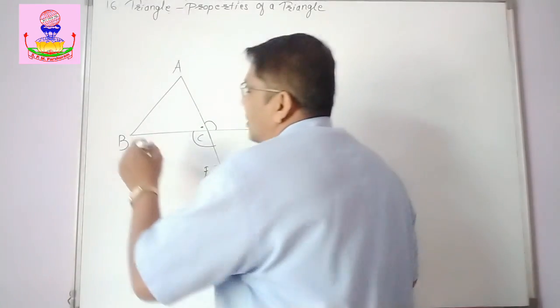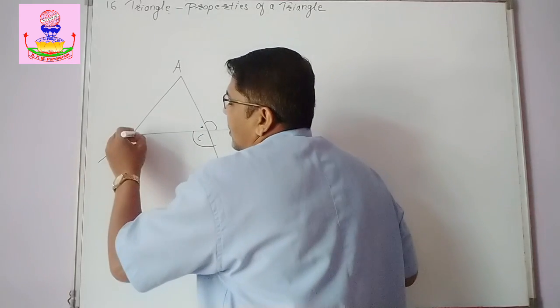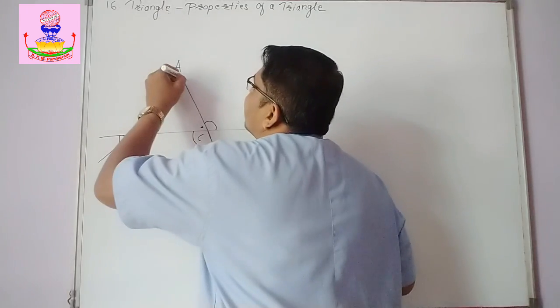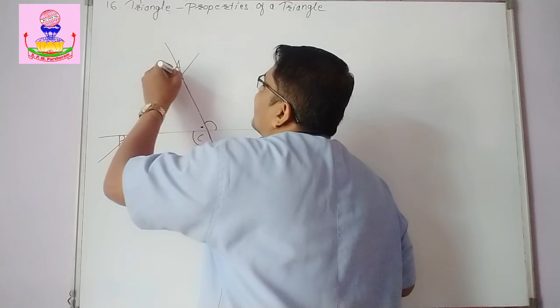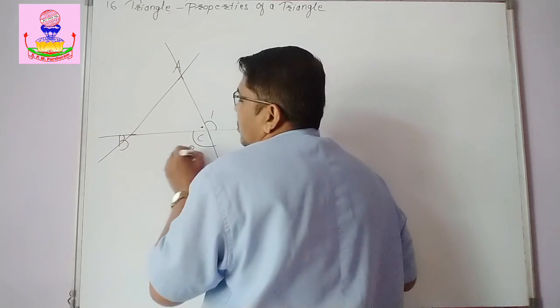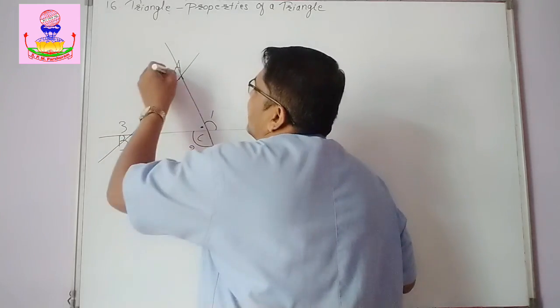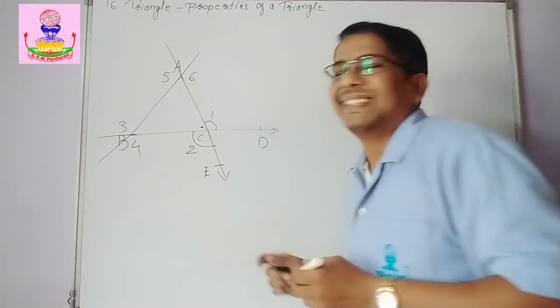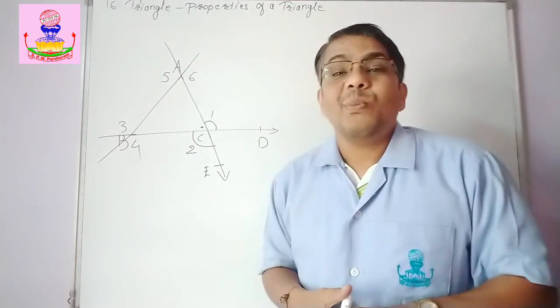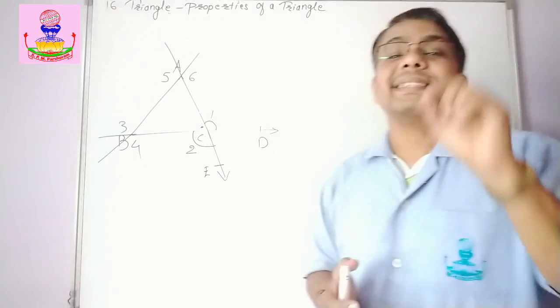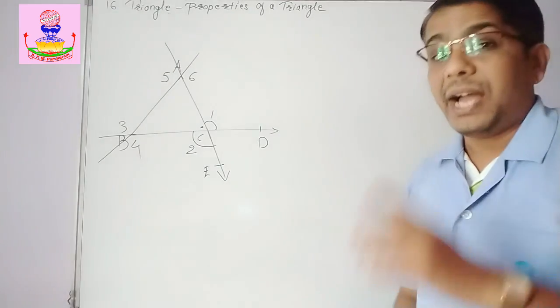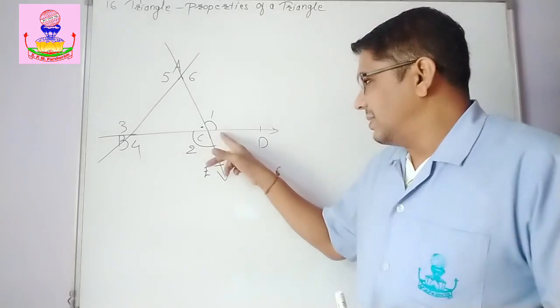So in total how many angles can I get? Here also I will get two more angles. Here also I will get two more angles. So this is 1, 2, 3, 4, 5, 6. So there are how many exterior angles? 6 exterior angles of a triangle. And one more question.